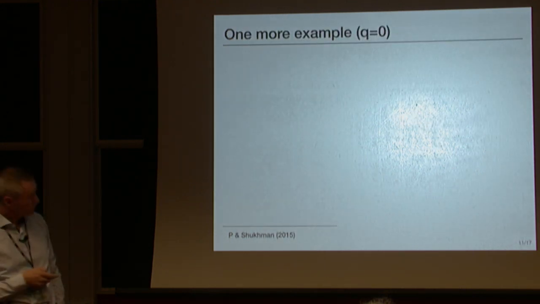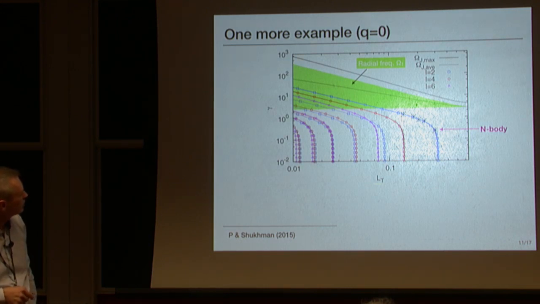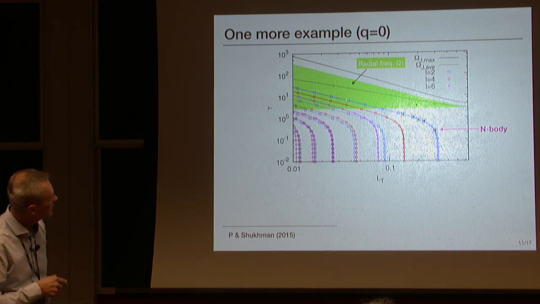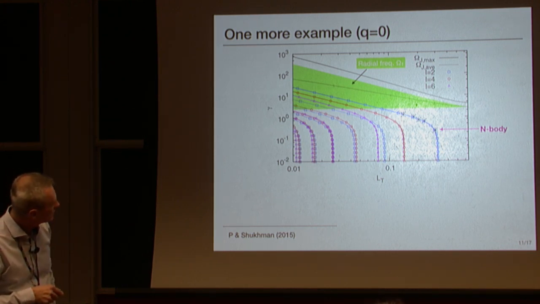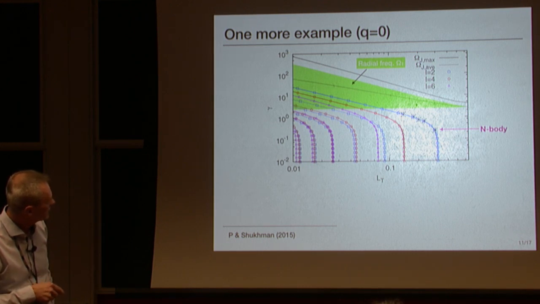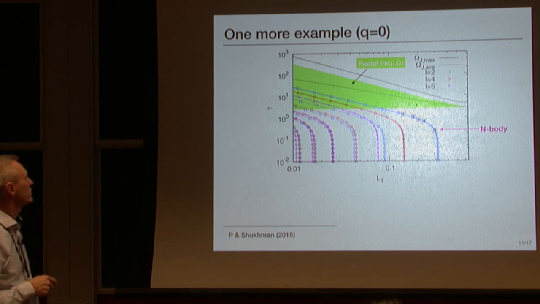One more example, Q equal to 0. Here's again a stability plot, with parameter LT. This is a growth rate, and this green is a radial frequency variation for each model. And here we have several blue lines, which stand for the quadrupole harmonic growth rates.